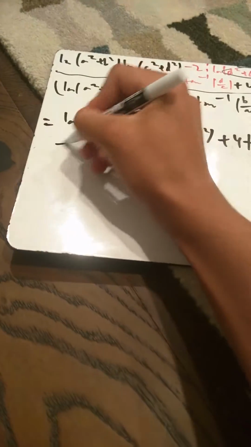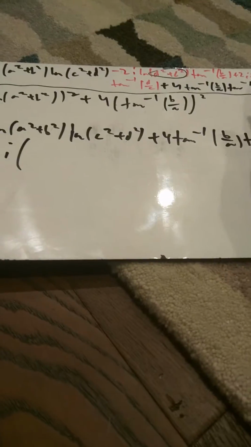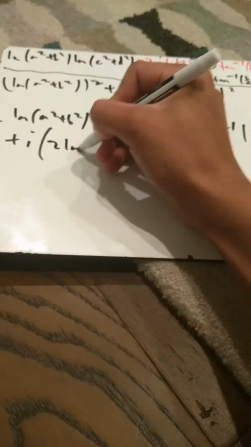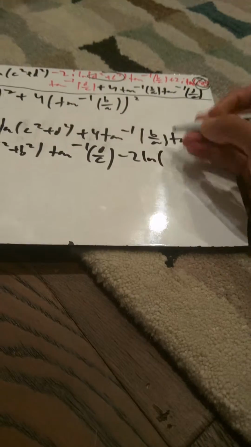So we're just going to do plus i times 2 natural log of a squared plus b squared arctangent d over c, and then we have minus 2i, so we're going to factor out an i, so minus 2 ln d squared plus c squared times the arctangent of b over a.